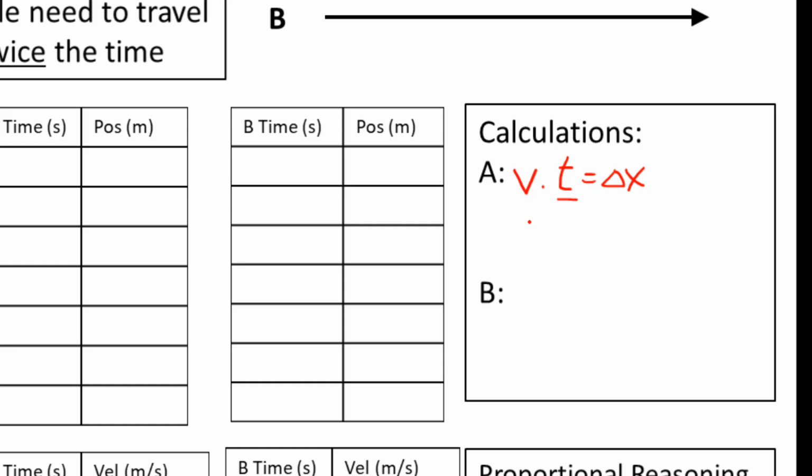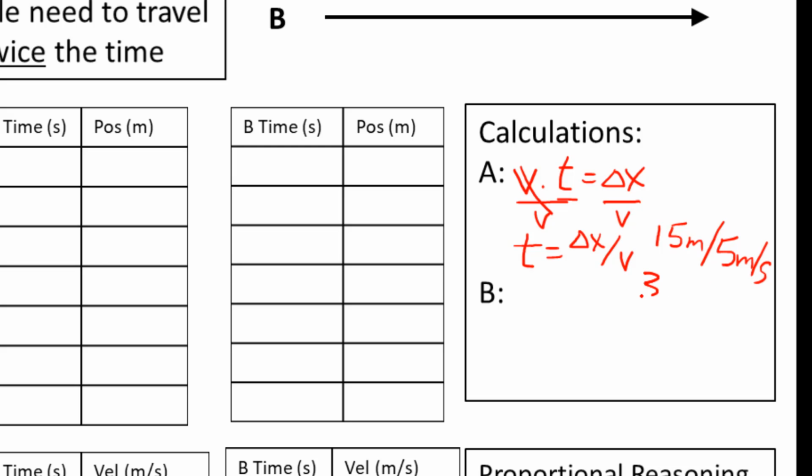In this case, I'm looking for time, so I'm going to divide each side by velocity. So my time is equal to my displacement divided by my velocity. In this case, 15 meters divided by 5 meters per second tells me my time is equal to 3 seconds.